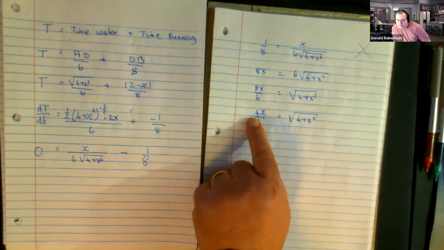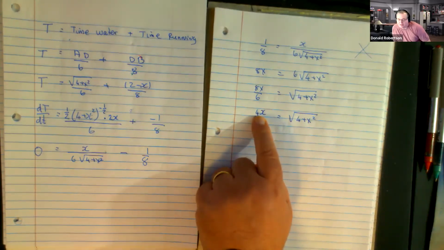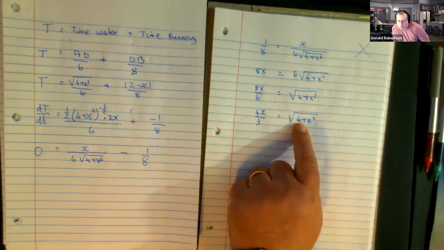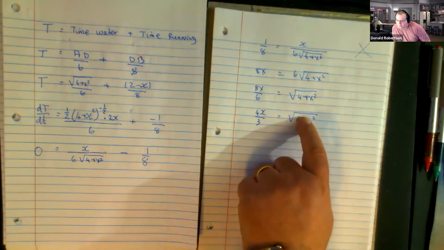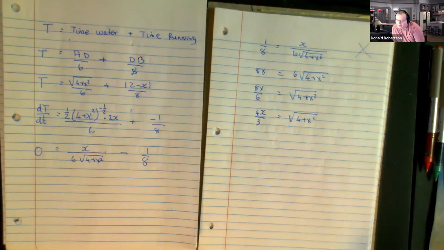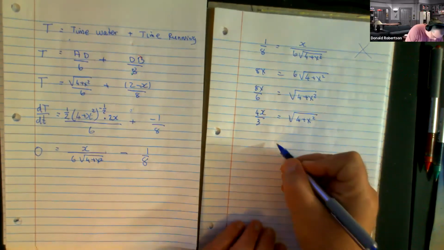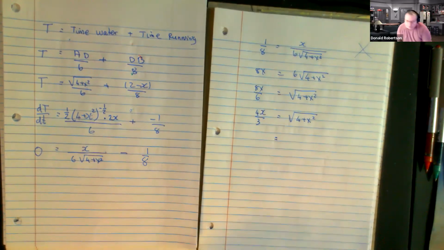Now you look at this, it's 4/3 x essentially, right? Can live with that, but ooh, don't like the looks of this, right? Square root of 4 plus x squared. Wouldn't you like that square root to go away? I mean, isn't that the guy that's causing the trouble right now? So how would you make a square root go away? What would you do to both sides? Square.